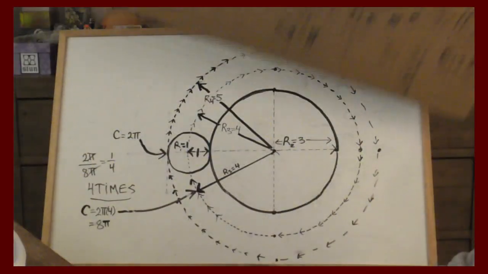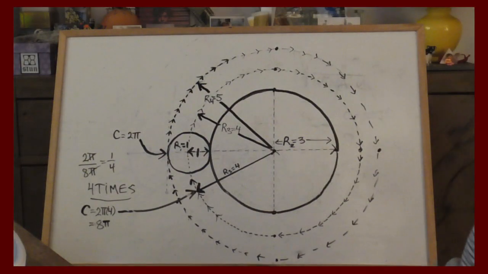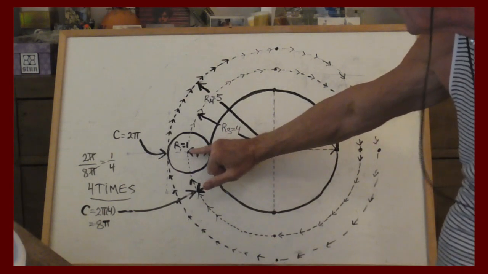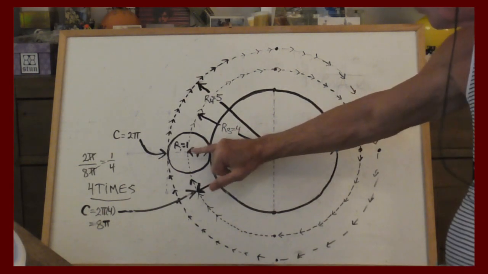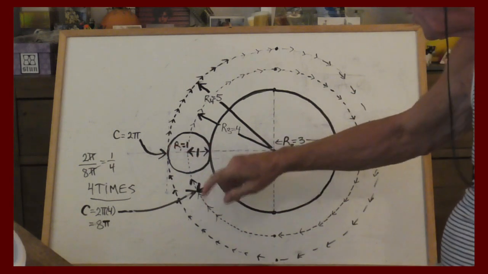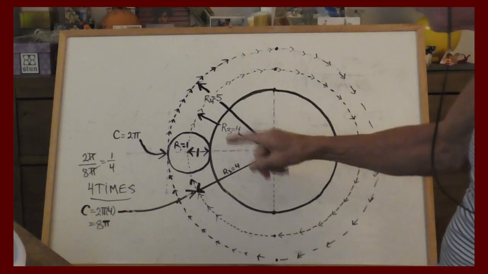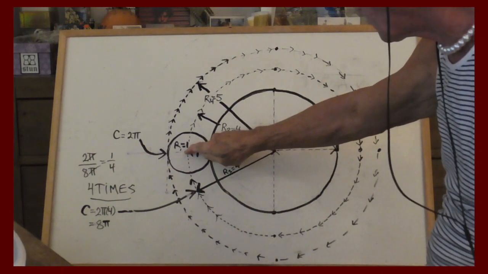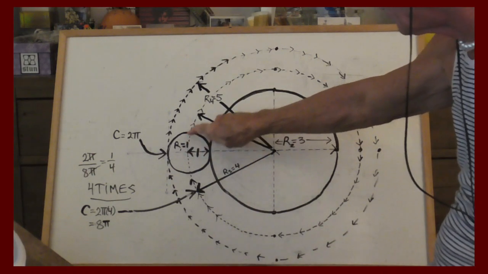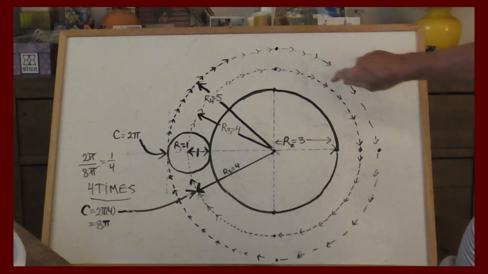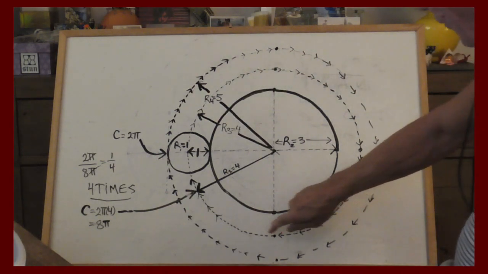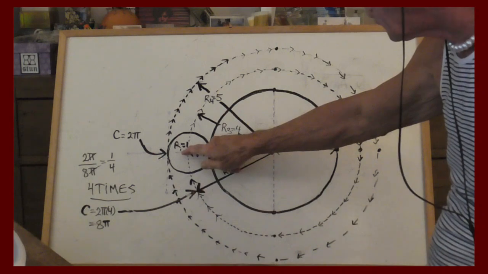Here's a different drawing, just to quickly review what you have to pay attention to. The radius of the small circle is 1, the diameter is 2, and the invisible path that you must measure is from the center of the small circle as it circles the large circle until it gets back to here.